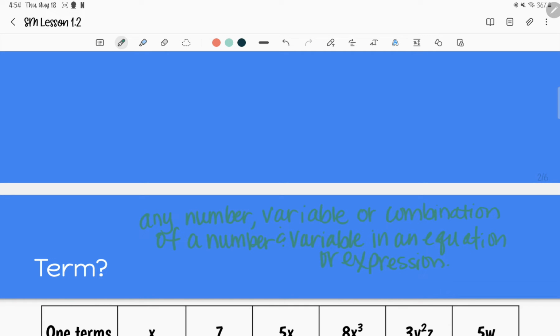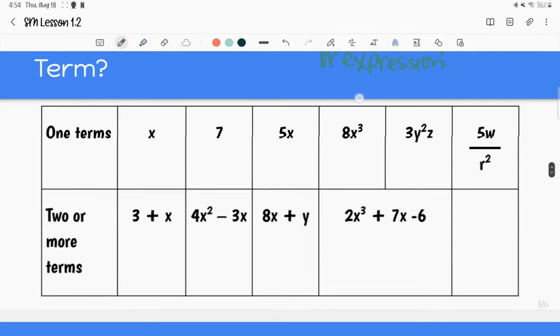Okay, so that's what a term is. It's just a number or a variable or a combination of a number and a variable inside of an equation or an expression. So we're going to take a look at a couple different types of terms.